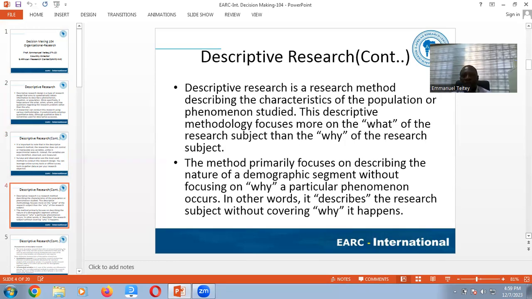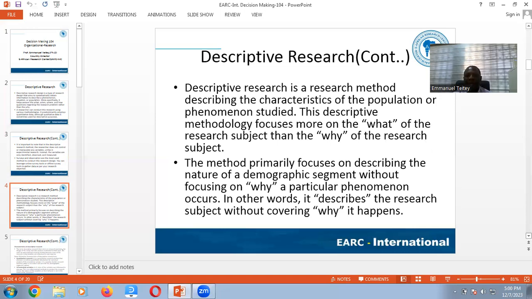Descriptive research, we still continue on the description and understanding. Descriptive research is a research method describing the characteristics of a population or phenomena studied. This descriptive methodology focuses more on the what of the research subject than the why of the research subject.